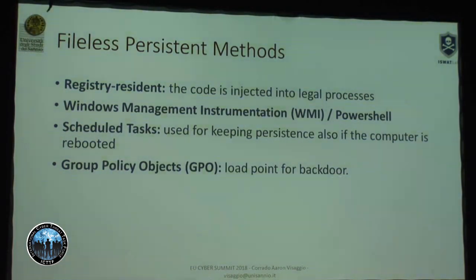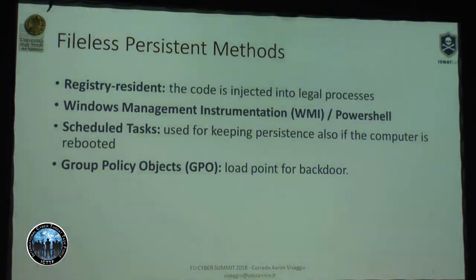Usually PowerShell is used after having downloaded the malicious payload and then directly executed on the machine. Scheduled tasks are also used in order to make the malware survive after the reboot. And then, of course, group policy objects are leveraged in order to open backdoors on the machine.